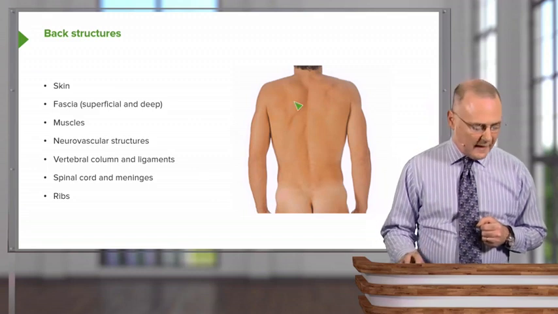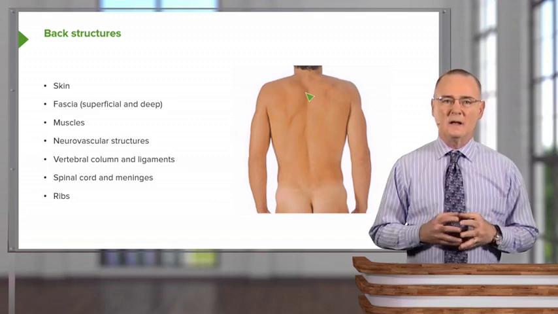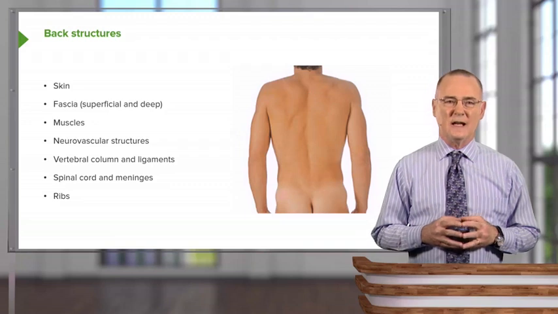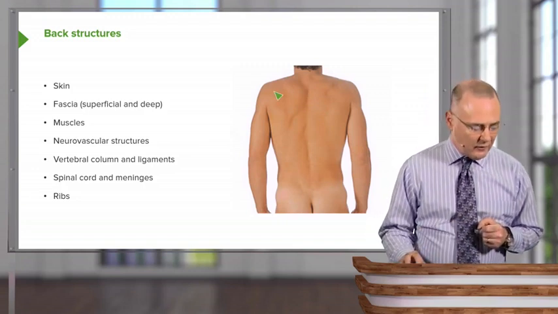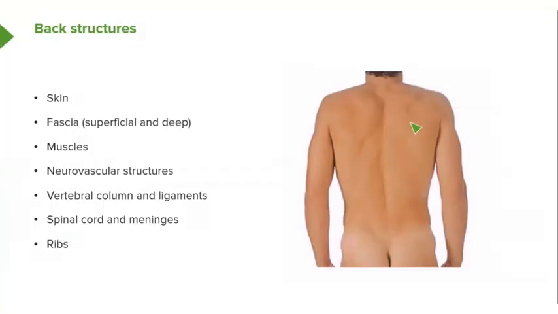In the midline of the back, we would have our vertebral column and its associated ligaments. We would also have within the vertebral canal, the spinal cord and its associated meninges. And we would also have the posterior aspects of the ribs in these particular regions here.